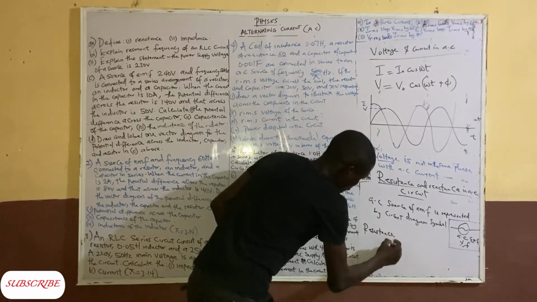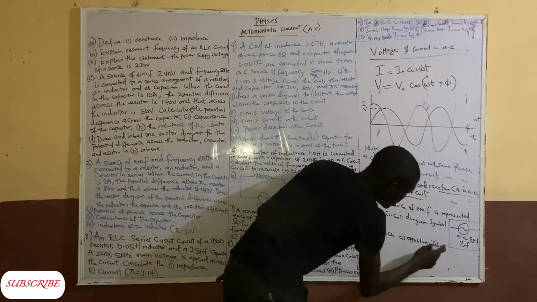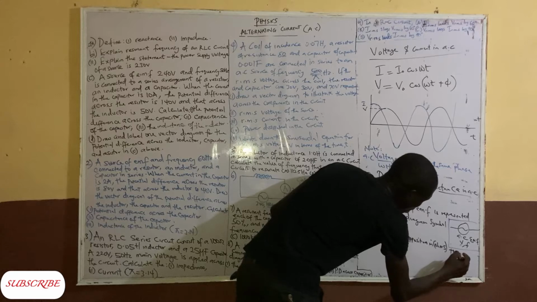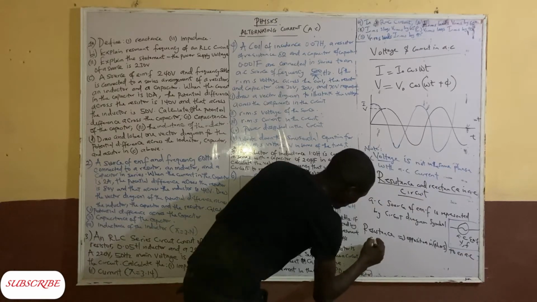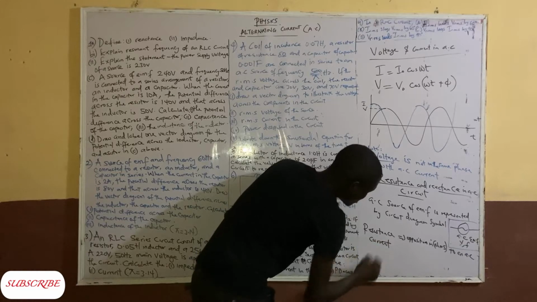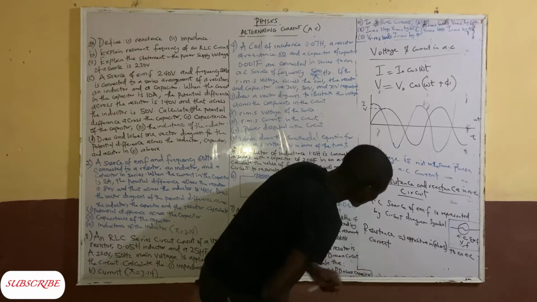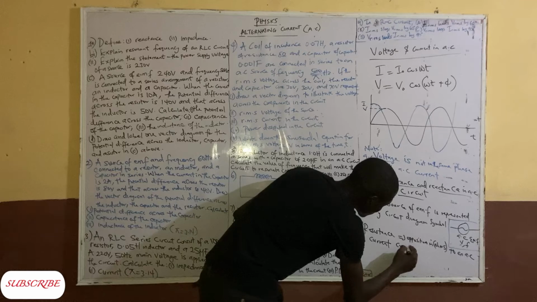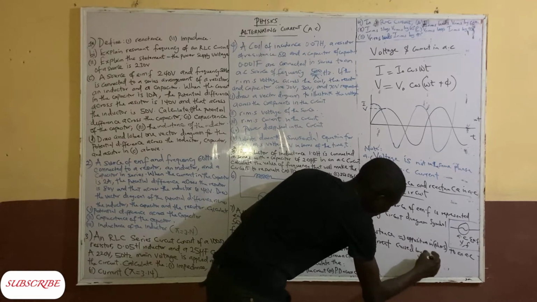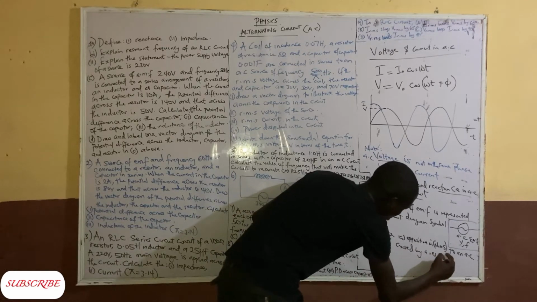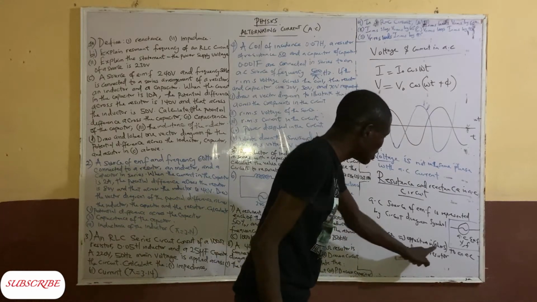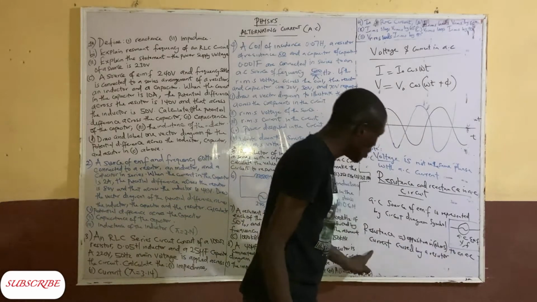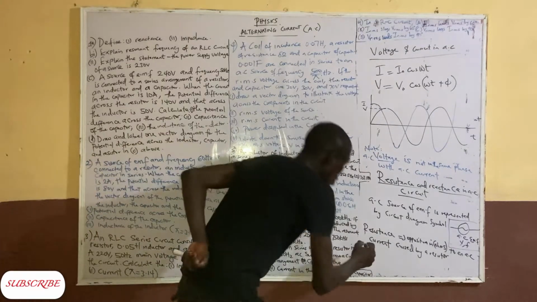Resistance is the opposition in ohms to an AC current caused by a resistor.